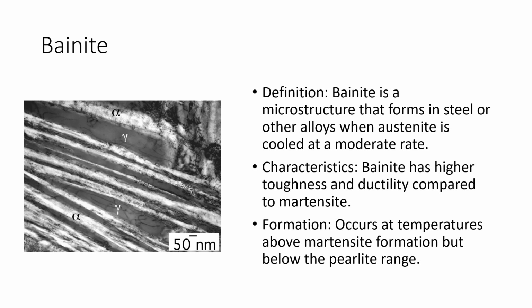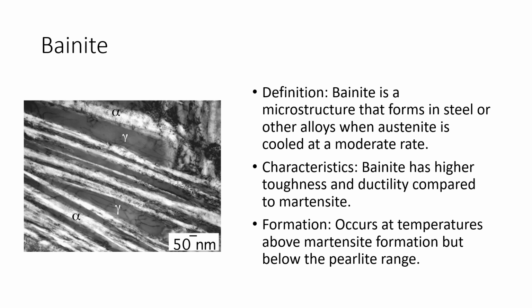Bainite, we're not going to talk too much about this, but you might run across this in your professional travels. This is when we cool the material from face-centered cubic to body-centered cubic at a somewhat moderate rate. We're not plunging it into the cold water super quick to get a really martensitic structure.